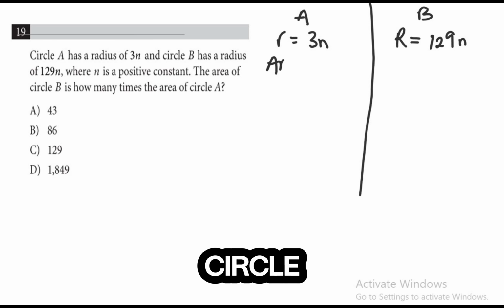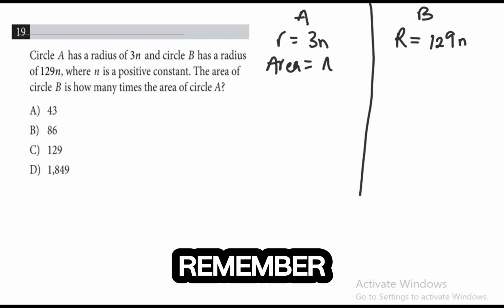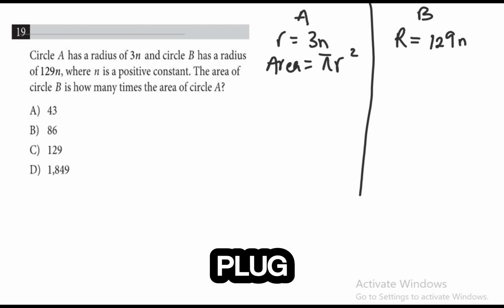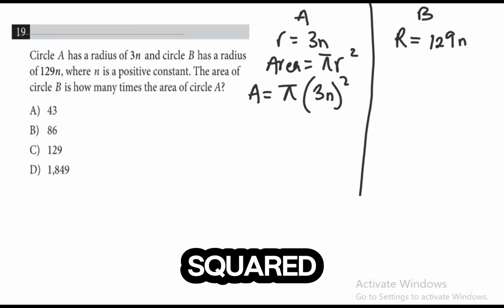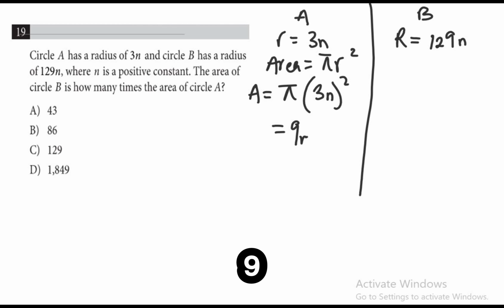The area of a circle, remember, is pi r squared. So I'll plug in the value of r. Area of circle A is pi. You leave your answer in terms of pi, so there's no need to substitute that with 22/7 or 3.14. So we have 3n all squared, and when you solve this, this becomes 9n squared pi. That is for circle A.